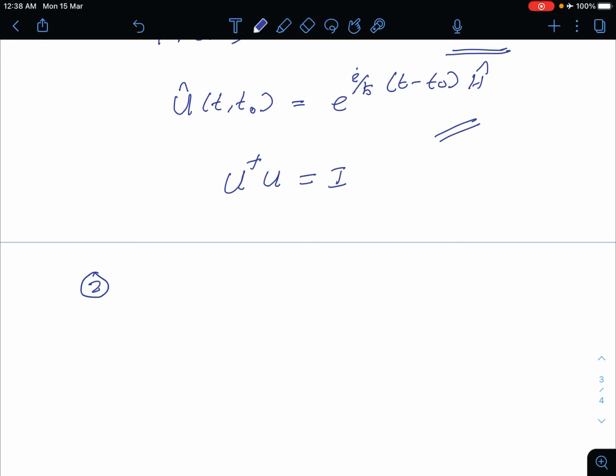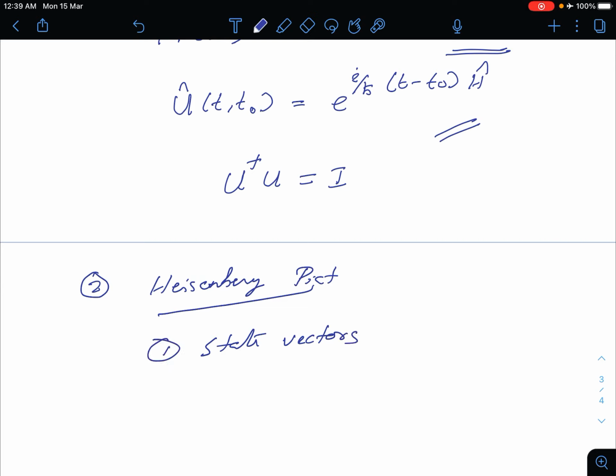The second picture is the Heisenberg picture. So what is the Heisenberg picture? The exact opposite. Here the state vectors are frozen: state vectors do not depend upon time explicitly.